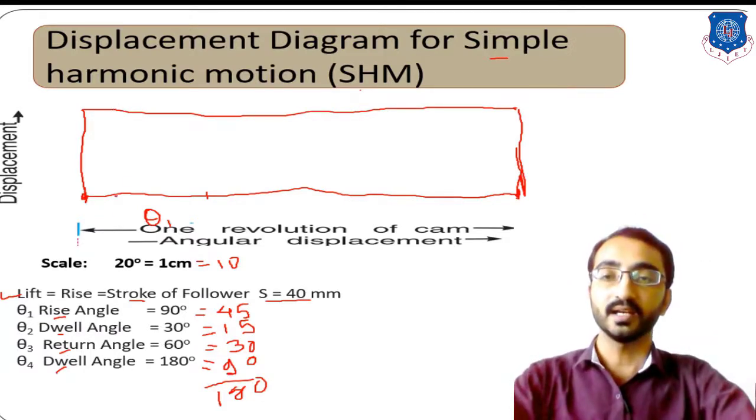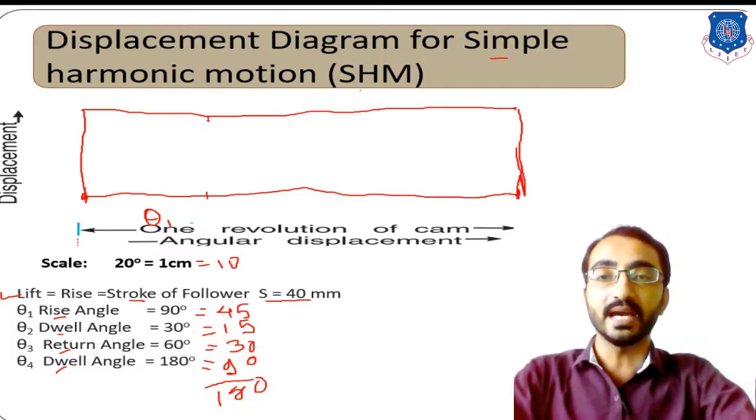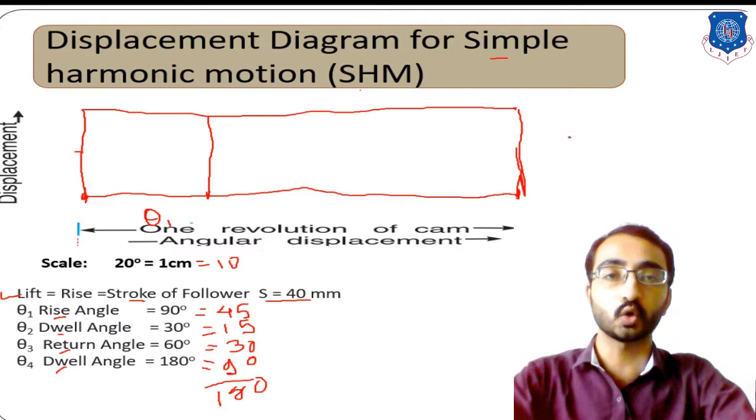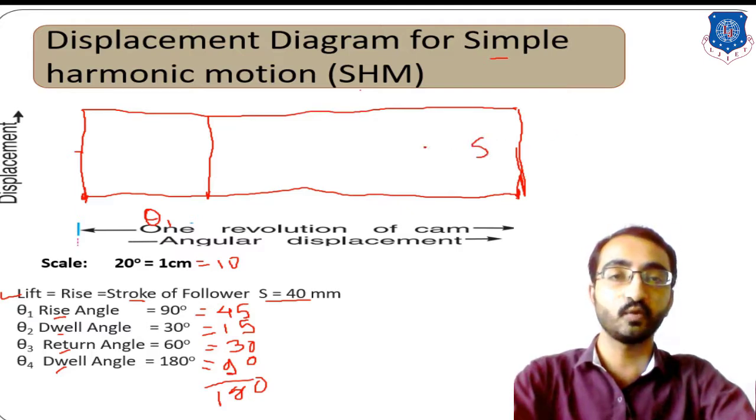To represent simple harmonic motion, we need to sketch a semicircle whose diameter is the same as the stroke, that is 40 mm. We consider this vertical as the stroke, 40 mm.